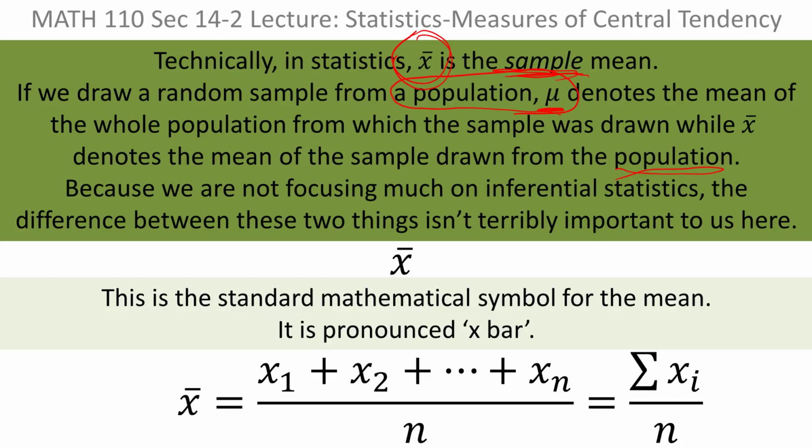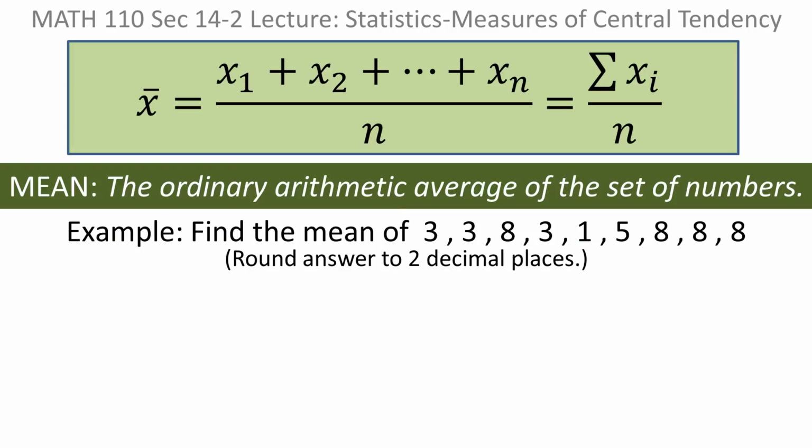But now that I've said that, I'm going to push that aside because we're not doing really any inferential statistics. For our purposes, we're not too worried about the difference between those two means. But technically, x bar is the sample mean and mu is the population mean.